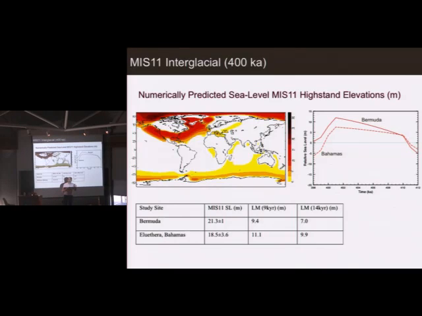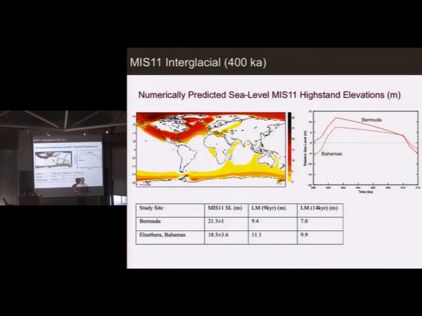So really the question is, where is the adjustment today relative to where it was at the end of that interglacial? How much higher did you get there than you've gotten now? And it turns out you got about 10 meters higher. If there was no change in ice volume, and I look back at Bermuda, and I say, there's the 400,000-year beach, it would be 10 meters higher than present day.